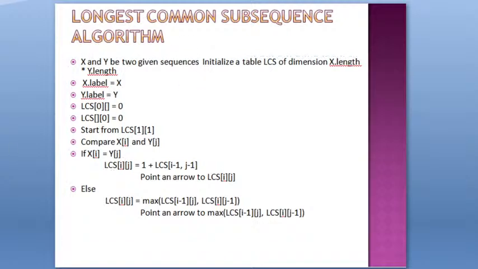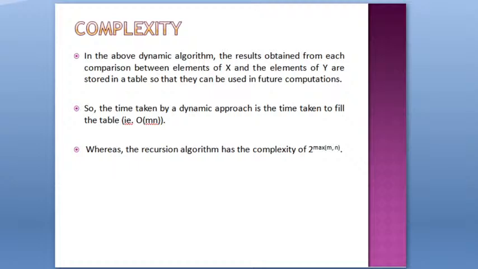Now next is complexity. If I am using the dynamic approach, multiple approaches are actually there. Recursive approaches are also there for solving this code. But as I am performing the dynamic approach, it will take big O of mn for solving the overall comparisons.